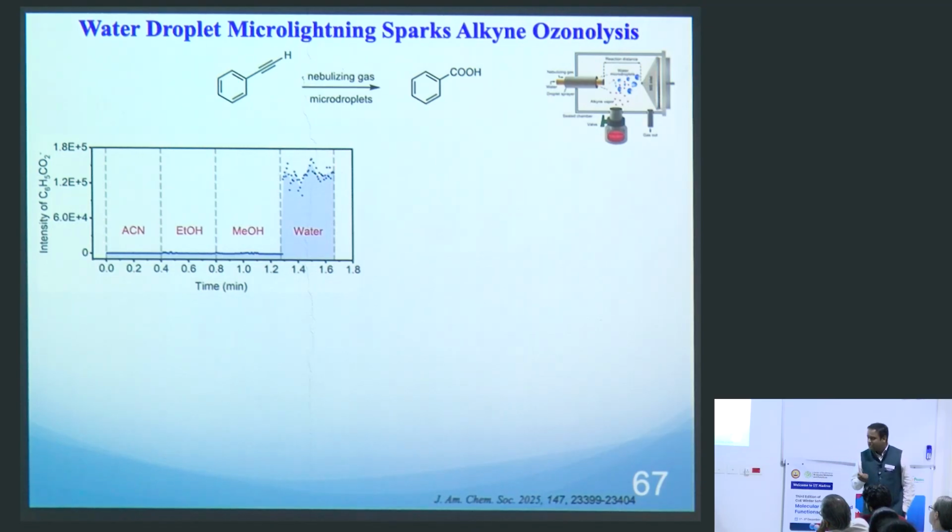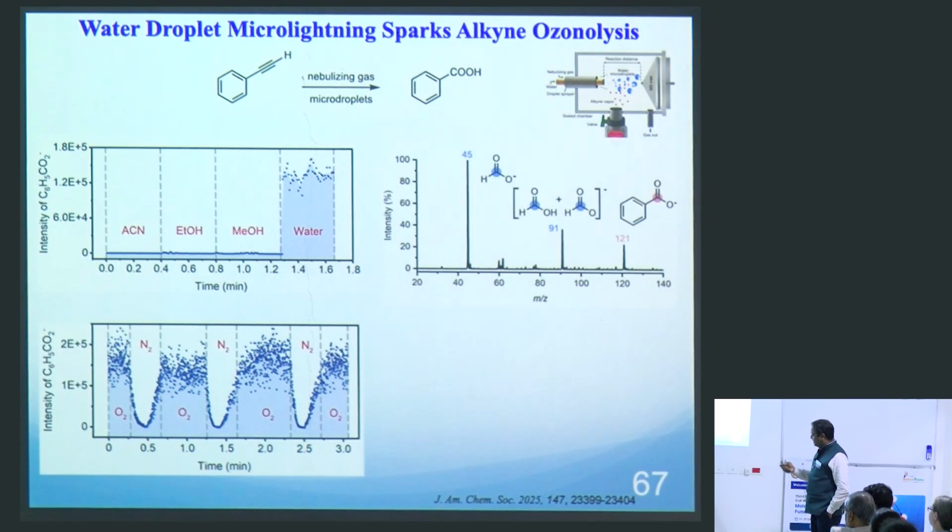We observed this. Further, we screened various solvents, and checked what happens with oxygen or without oxygen. Whenever we pass oxygen, we see benzoic acid product formation. Whenever the sprayer is connected with nitrogen gas, there is no product, only the starting alkyne.